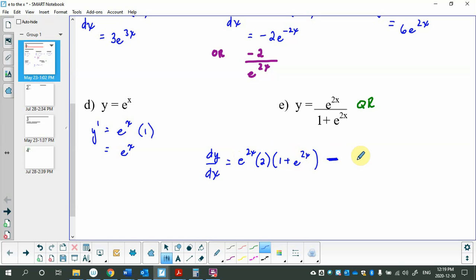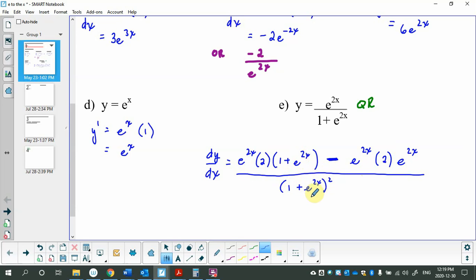Minus, for quotient rule, derivative of the denominator. 1 gives us 0, thankfully. Derivative of e to the 2x is e to the 2x times the derivative of the exponent, multiplied by the numerator, over the denominator squared.